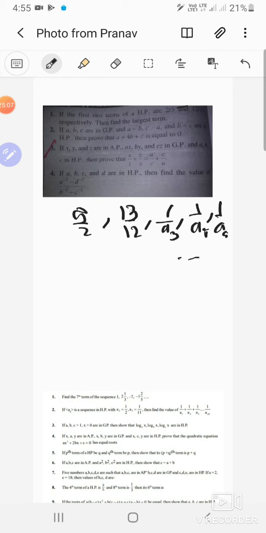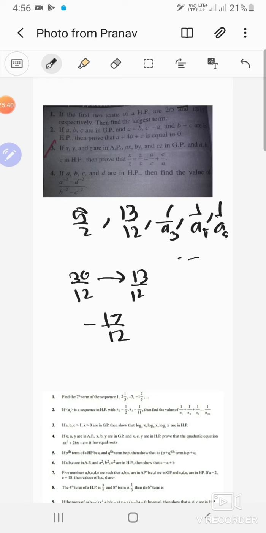Fine. Which means that the difference over here, 5 by 2, right? So multiply this by 6, that will give me 30 by 12 to 13 by 12. That's a jump of minus 17 upon 12. Fine. So every time we go to the next term, we add minus 17 by 12. So now we want to find the largest term, which basically means that we want to find the smallest positive term of this AP, so that when we reverse this, that gives me the largest term.